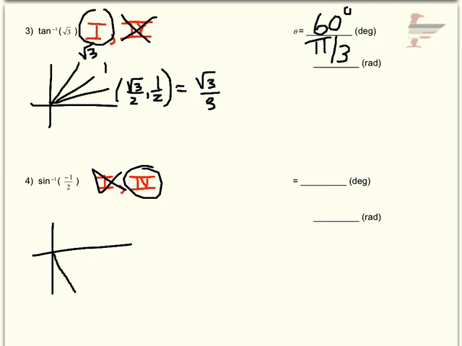And that would be this point down here. Remember, you cannot go around and cross through no man's land, so you have to go negative. That would be the same as up here, which is 60 degrees. So down here, it's going to be -60 degrees, and that's -pi/3.